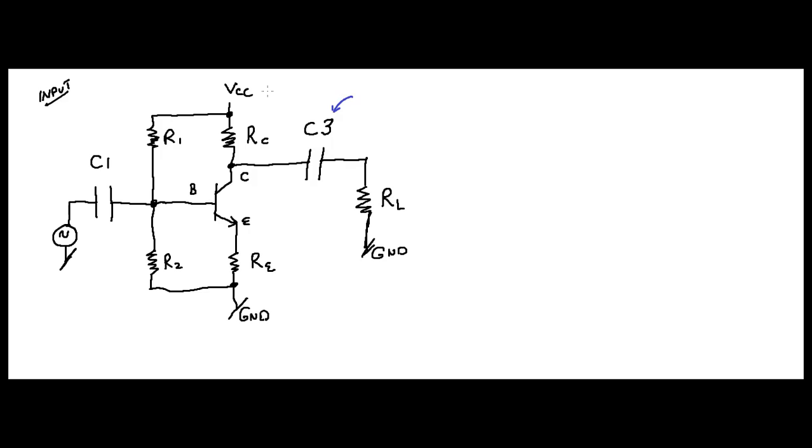No big deal. But I did that because a lot of times it's listed like this in the literature. But think about it. If this is capacitor 1 over here, that's your input coupling capacitor. Capacitor 3 is your output coupling capacitor. Where do you think capacitor 2 is going to go?